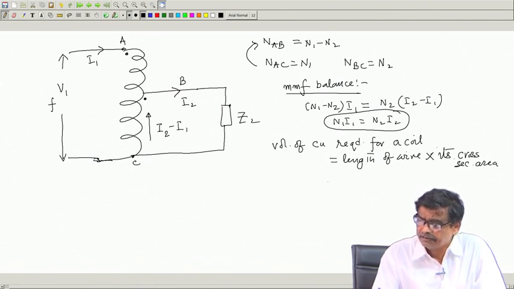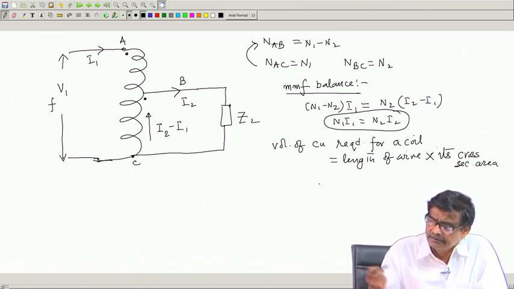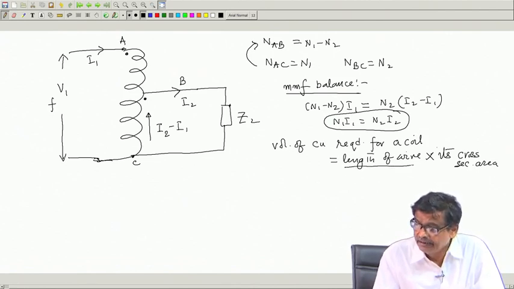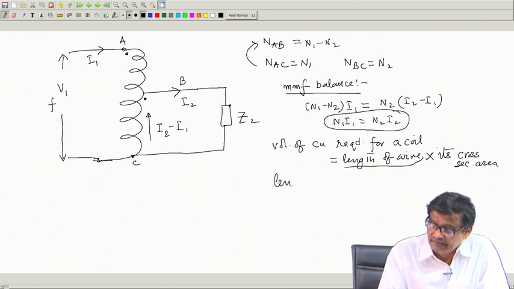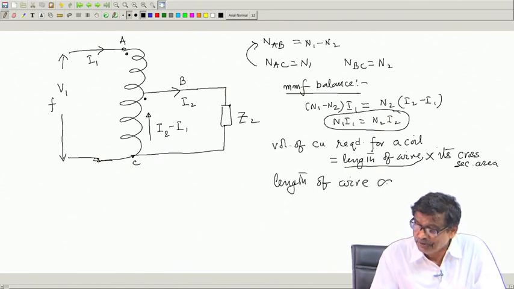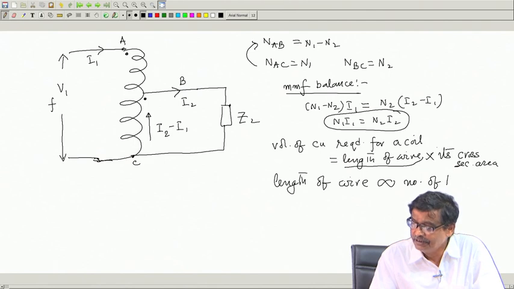It is very pretty simple. Area into length gives you volume. Now, this length of wire is proportional to the number of turns of the coil, is it not?